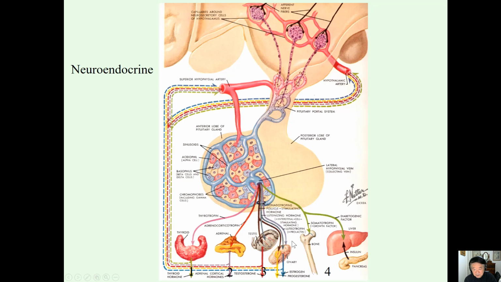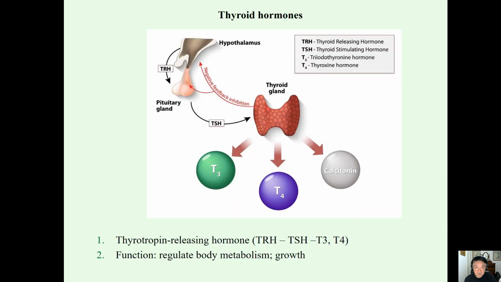In the female, they regulate the hormone produced in the ovary. And the fourth pathway here is the growth hormone. And the fifth pathway is to regulate milk production for females. So we describe them one by one.